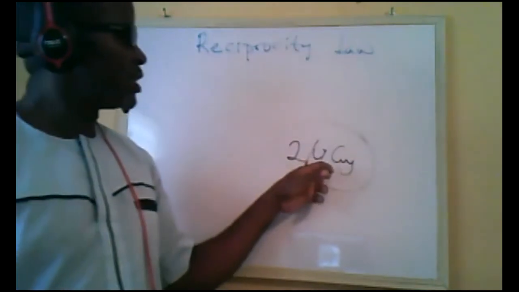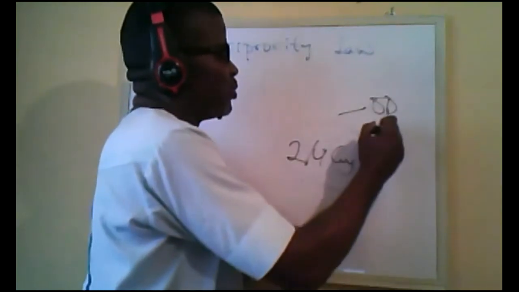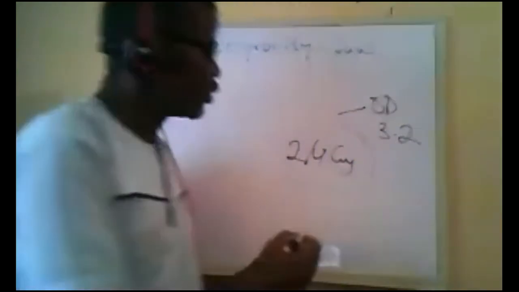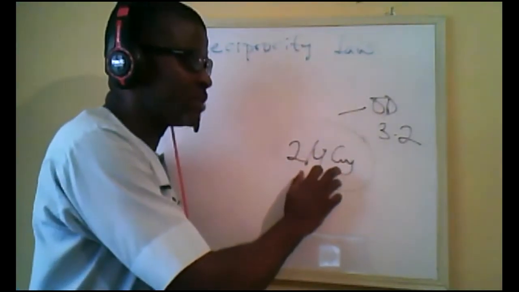That is, this will give us an optical density of a particular value, maybe an OD of 3.2, no matter the rate at which this value of exposure is gotten.